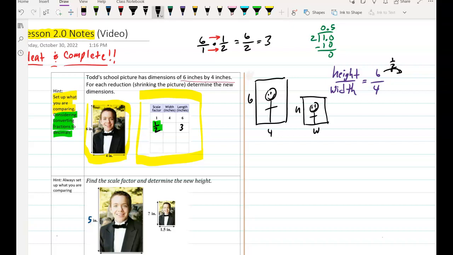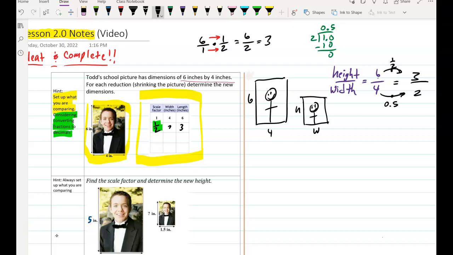So if we multiply 4 times 1/2, that's the same thing as multiplying times 0.5. They're the same thing, 1/2 is 0.5. What are our new dimensions? Well, 4 times 0.5 on my calculator is 2, and remember 6 times 1/2 was 3.